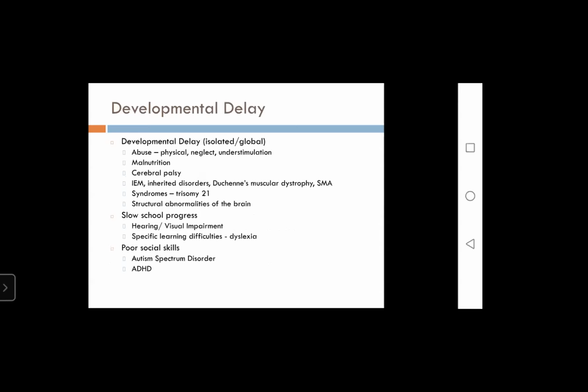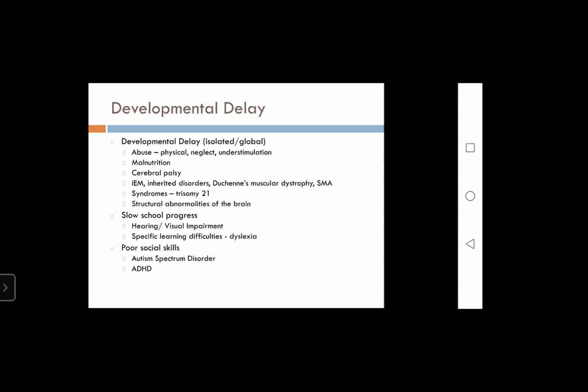Now these are just a list of causes for developmental delay. Okay, it's not in any sort of order here, but when you go through your textbooks, try to decide for yourself how you want to categorize, whether in terms of global developmental delay and the isolated areas of development, or whether you want to categorize based on age group, right?